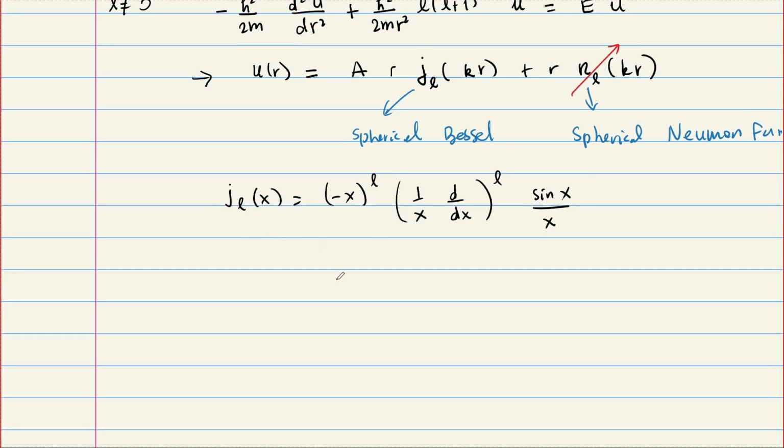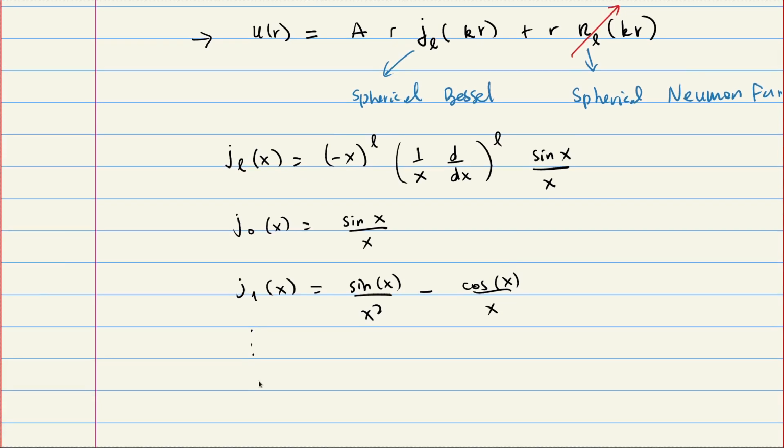Let's write a couple of these to at least see them once in your life. j0 of x is sine x over x. j1 of x is sine x over x squared minus cosine x over x, and so on.